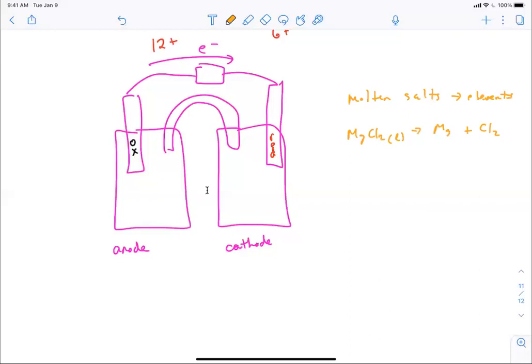Now the Mg is going from 2 plus, if we're looking at oxidation numbers, plus 2 to 0. So it's gaining electrons. So it's reducing. The Cl is going from -1 to 0. So it's oxidizing. So you would see the Cl2 on the anode and the magnesium on the cathode here.